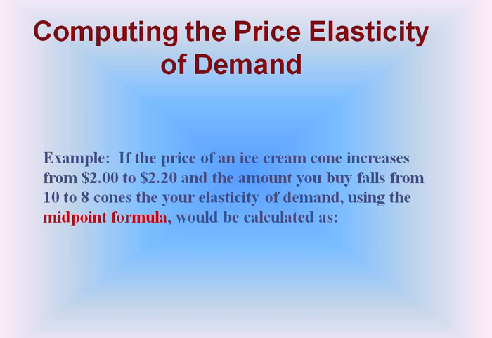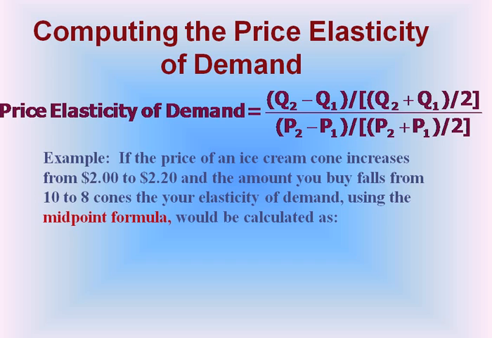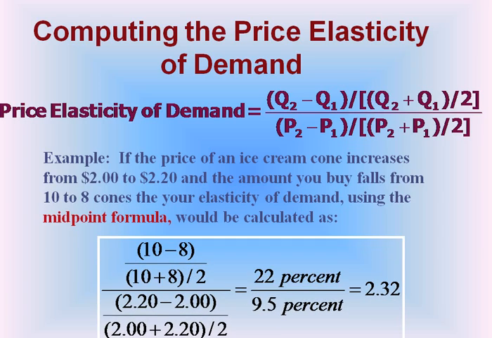For example, if the price of an ice cream cone increases from $2 to $2.20 and the amount you buy falls from 10 to 8 cones, your elasticity of demand using the midpoint formula would be calculated as Q2 minus Q1. Q2 is the new quantity demanded minus Q1, the original quantity demanded, divided by Q2 plus Q1 divided by 2, and everything is divided by P2, the new price, minus P1, the old price, divided by P2 plus P1 divided by 2. So here we go.